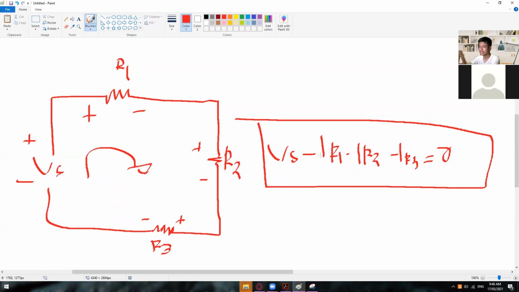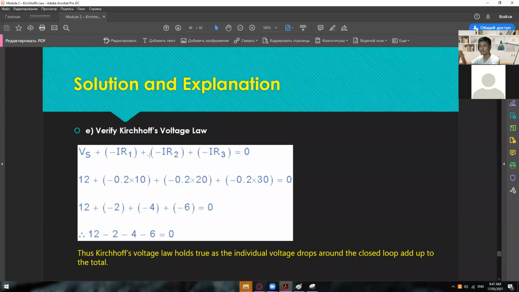our I didn't change because, as you guys may know, I1 is equal to I, I2 is also equal to I, and I3 is also equal to I. So from there, you can already have this kind of equation, which is now the same with this one. And then just substitute their corresponding given values.